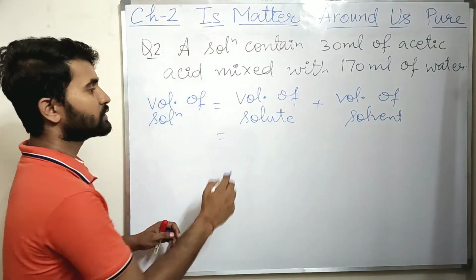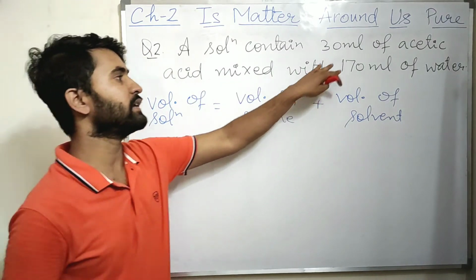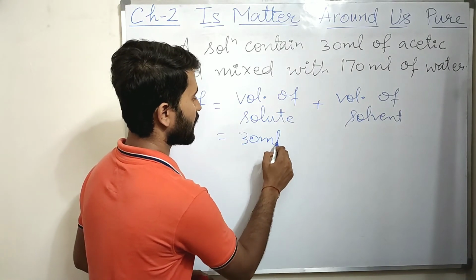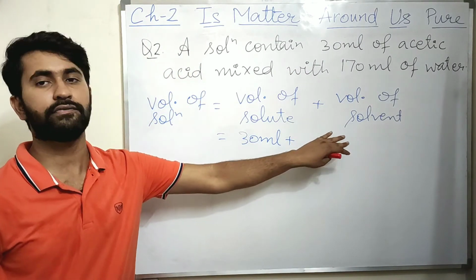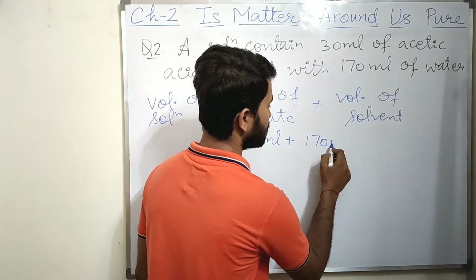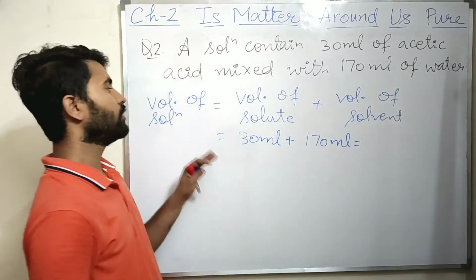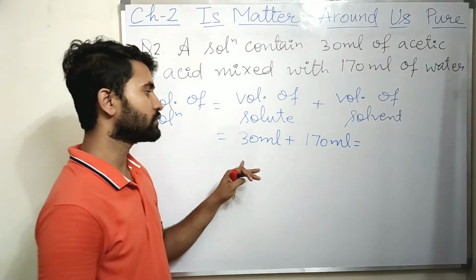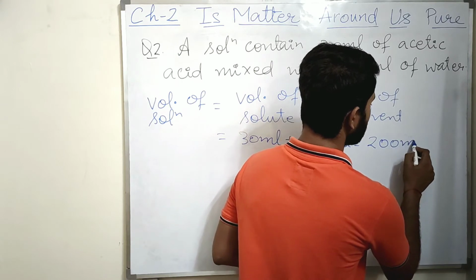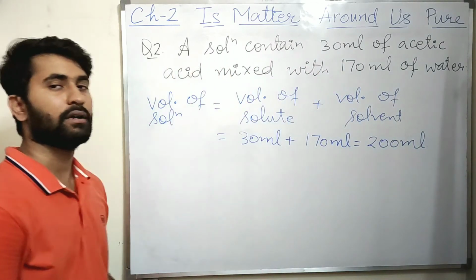So the volume of solute here is 30 ml and volume of solvent is 170 ml. So this volume of solution is equals to 30 plus 170, that is equals to 200 ml.